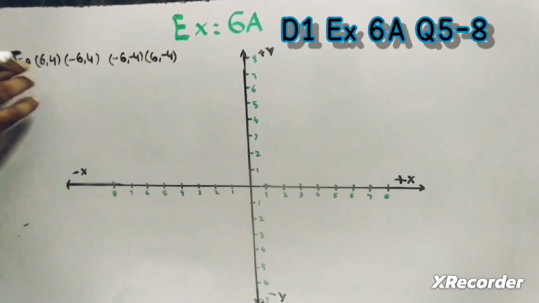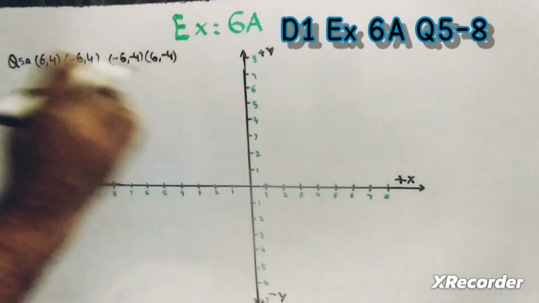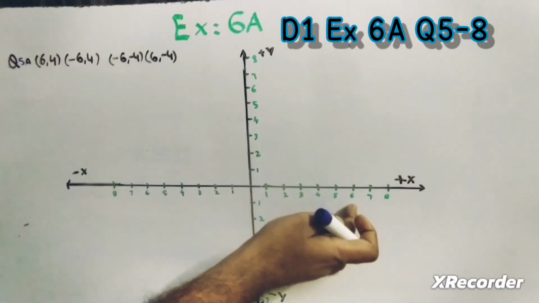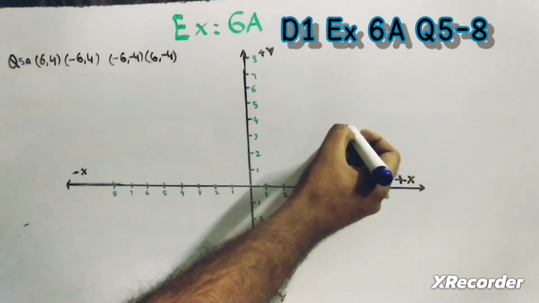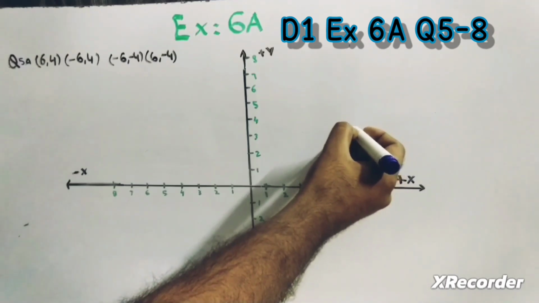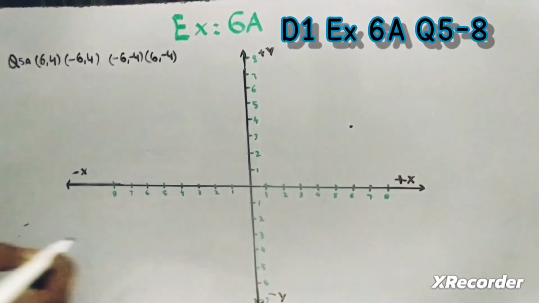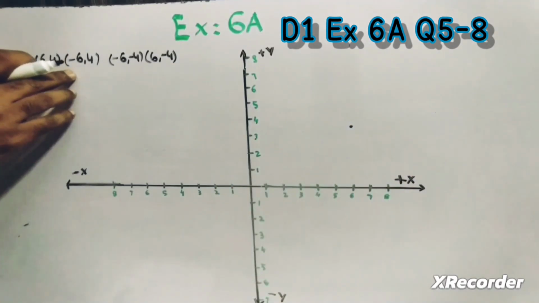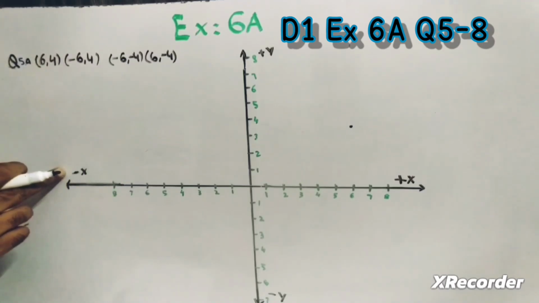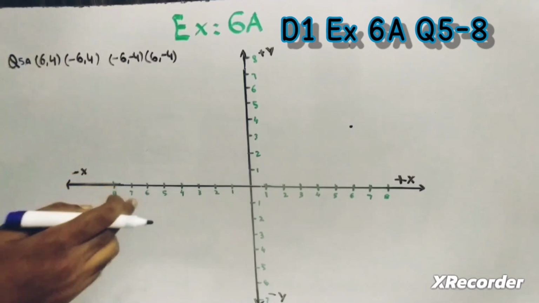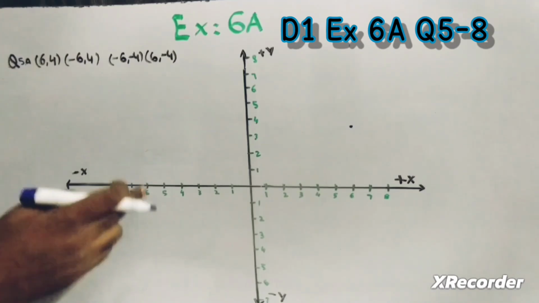(6, 4): the first value is on the x-axis, positive 6 on the x-axis and positive 4 on the y-axis. Let's say it is here. Now the second point, (-6, 4): minus 6 on the x-axis, that is our minus axis, so minus 6 is here and 4 is here.